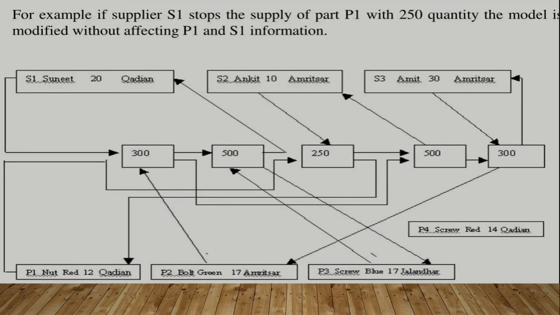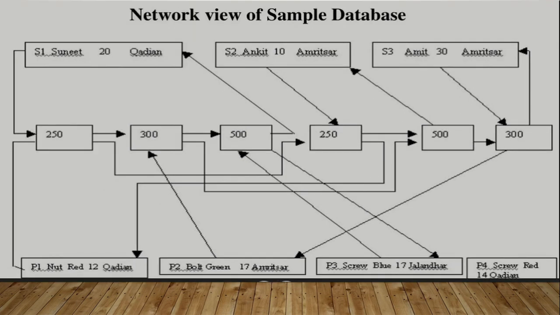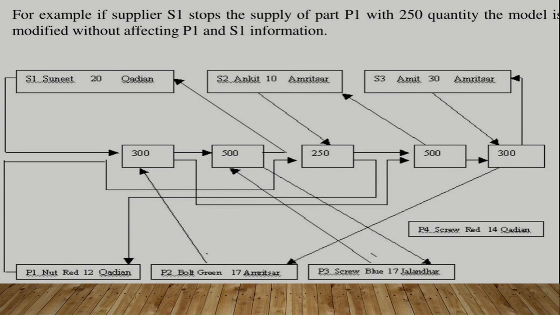For example, if the supplier S1 stops the supply of part P1 with a quantity of 250, then the model is modified without affecting the P1 and S1 information, right?